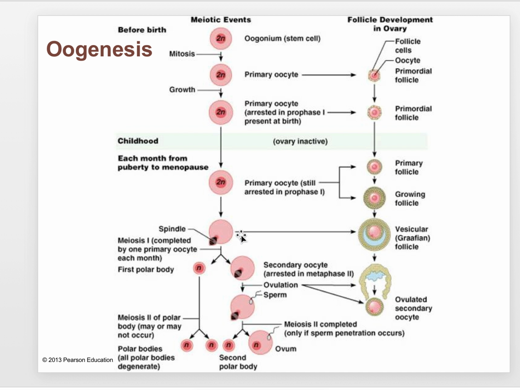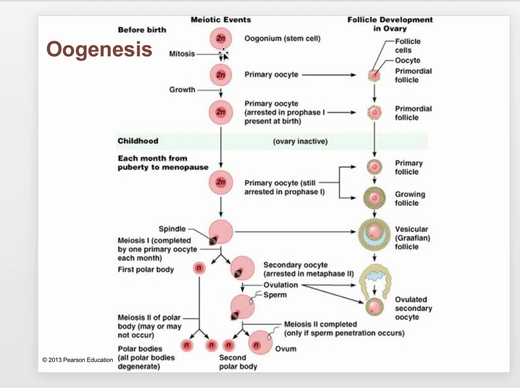You have a secondary oocyte as opposed to a secondary spermatocyte. But you can see from this diagram, the oogonium stem cell is 2N. That means it has 46 chromosomes, twice the haploid number. It has a pair of each chromosome.